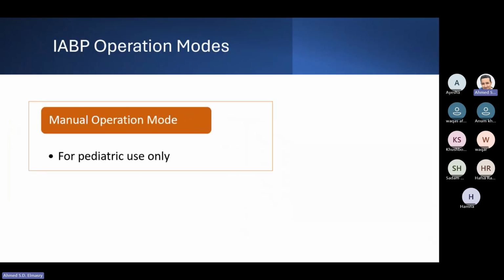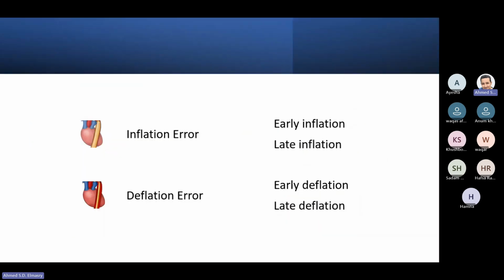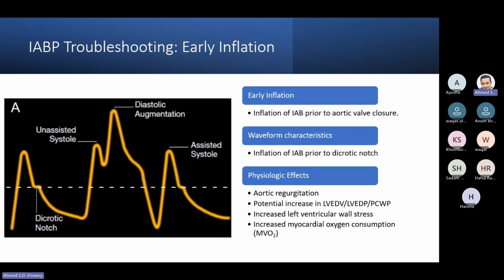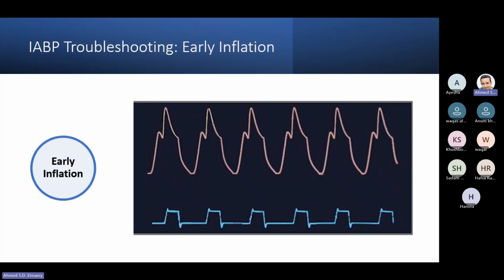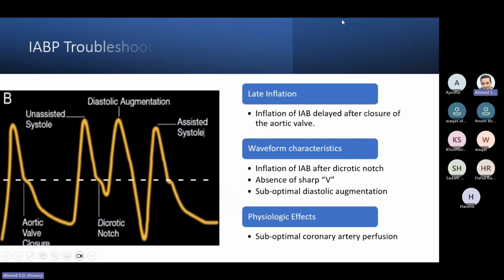And if you saw the one for late inflation, what happens in late inflation is the same as what happens during sepsis. The inflation should happen here, so you will get the peak at this point. But if the inflation happens here, you will get the peak at this point only.